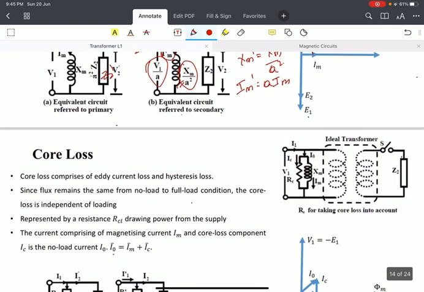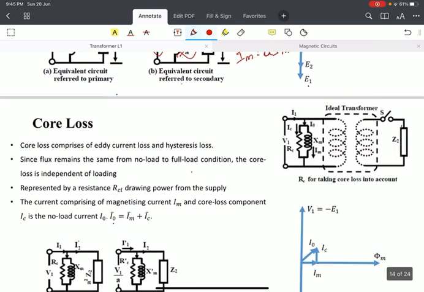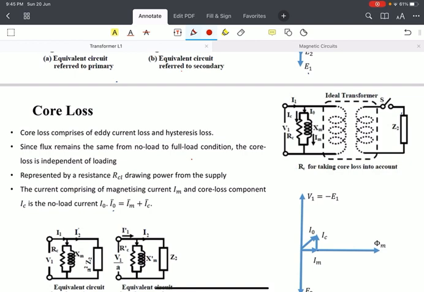So let us discuss core loss. We have discussed previously that in the core of the transformer, there will be eddy current losses and hysteresis losses. We have explained this in detail in the previous lecture.